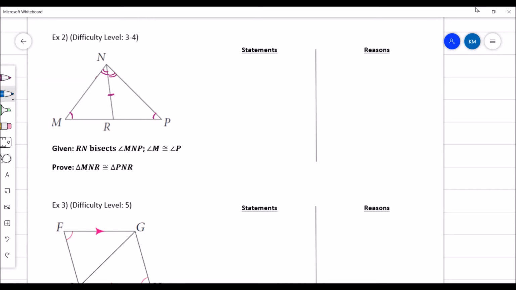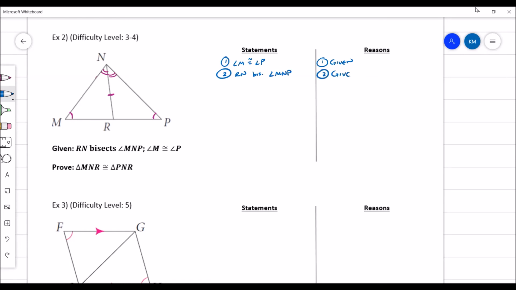So I've gone through that proof in my mind, and now I have to write it out. So my given: angle M is congruent to angle P. Given. Also given is that RN bisects angle MNP.